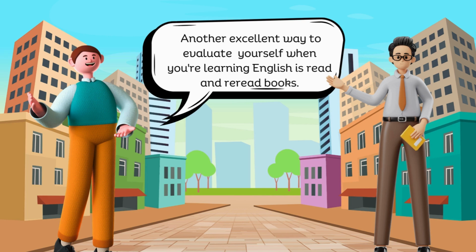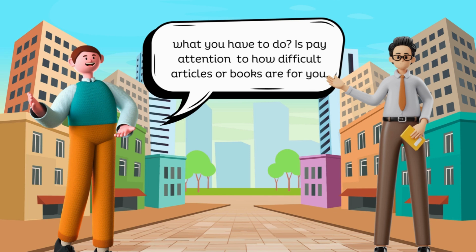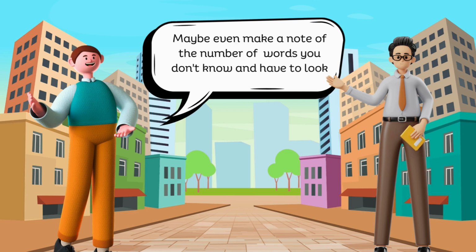Another excellent way to evaluate yourself when you're learning English is to read and reread books. What you have to do is pay attention to how difficult articles or books are for you. Maybe even make a note of the number of words you don't know and have to look up.